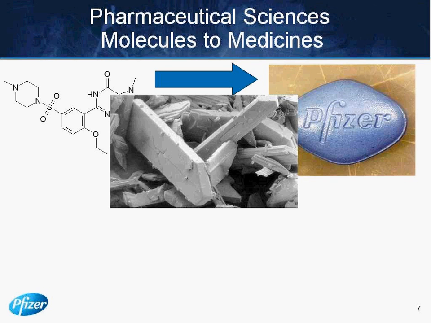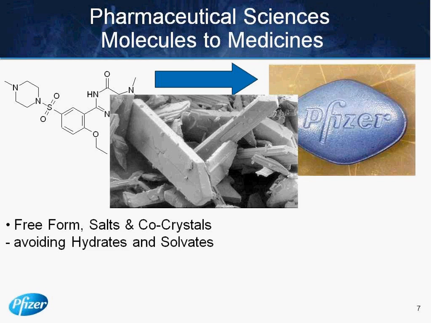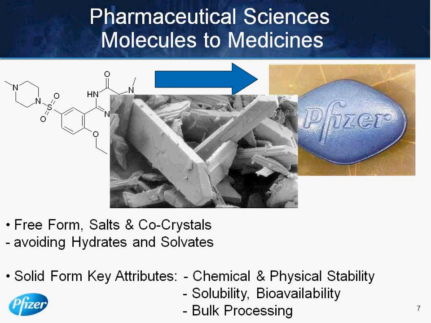And you can see as we go through this journey, molecule to the crystal to the particle, and the particle to the product. And what we need to understand on that journey is the impact of the free form, the salts and the co-crystals, preferably avoiding hydrates and solvates as they tend to complicate the solid form space.